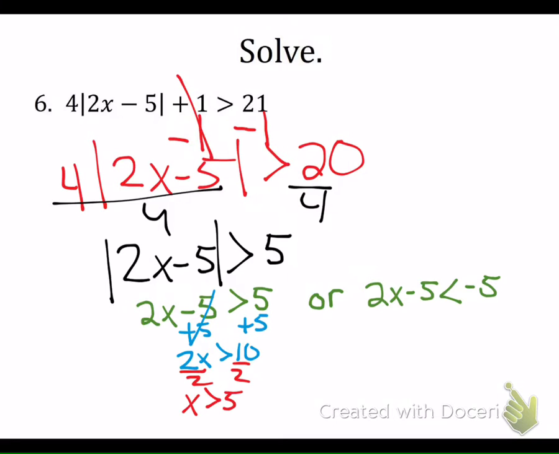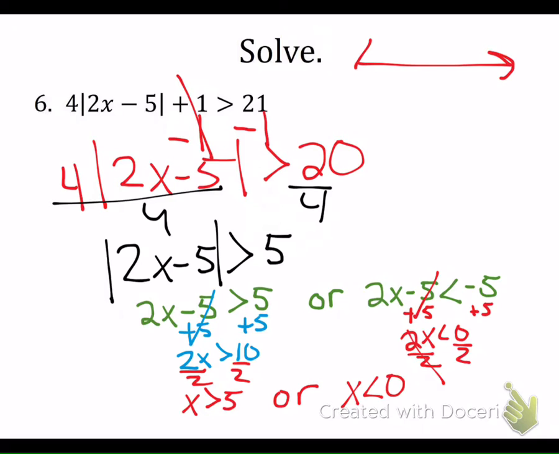All right, so we have x is greater than 5, or yes, back here you will get a 0. So 2x is less than 0. You just treat it like any other number. 0 divided by 2 is 0. All right, so I'm going to put my graph up top because I'm running out of space.